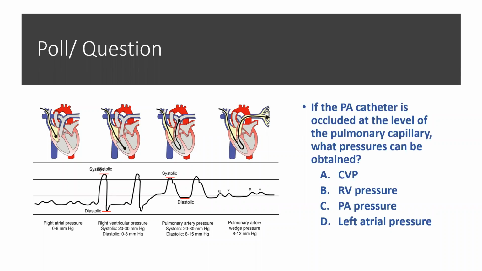Actually, you're only measuring the left atrial pressure. And that's the reason why we have this particular catheter to measure left-sided pressures.